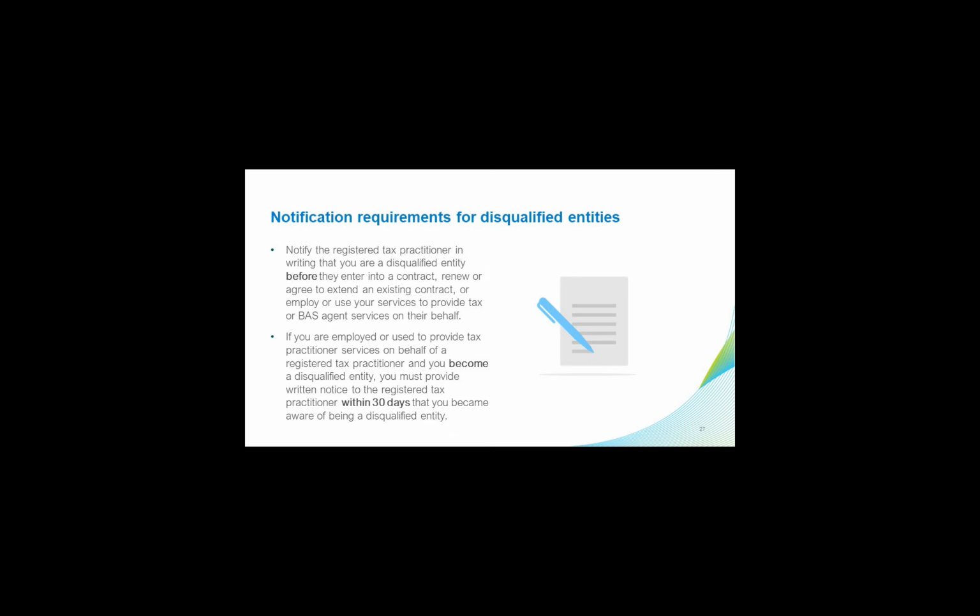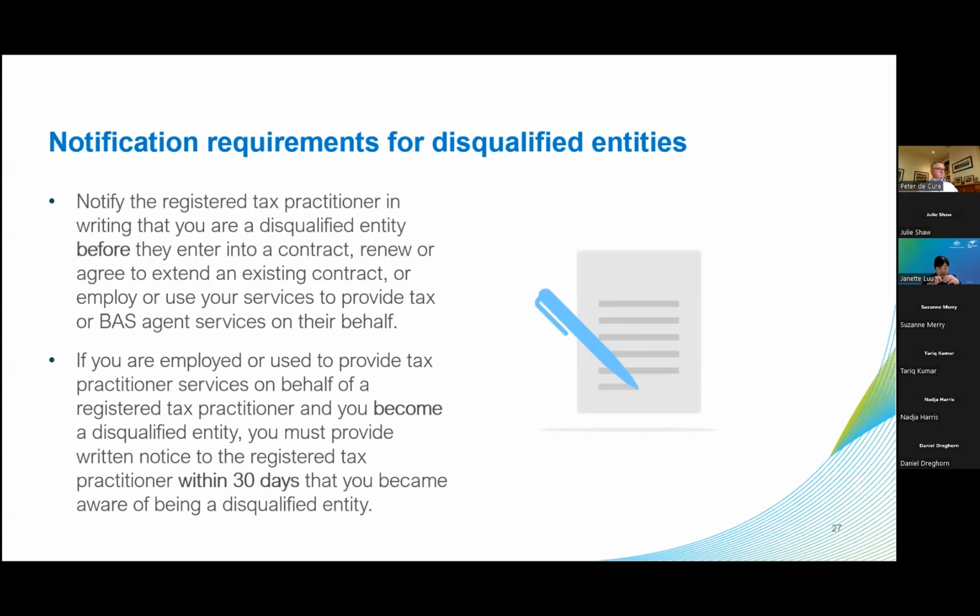That notification has to occur within 30 days of when that entity becomes aware that they are disqualified. And there are actually penalties that are now in the Tax Agent Services Act if that disqualified entity doesn't give you that notification. So for the TPB, we can apply to the Federal Court to have civil penalties imposed on that entity.